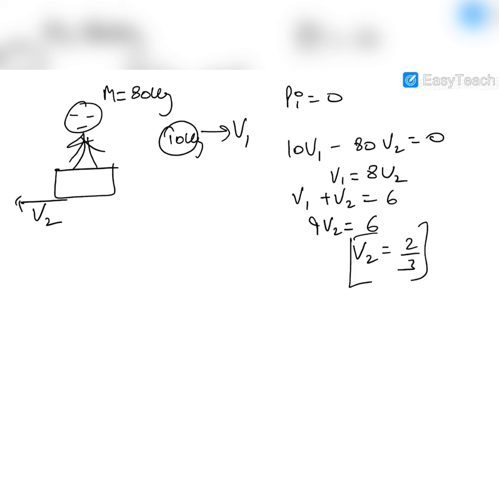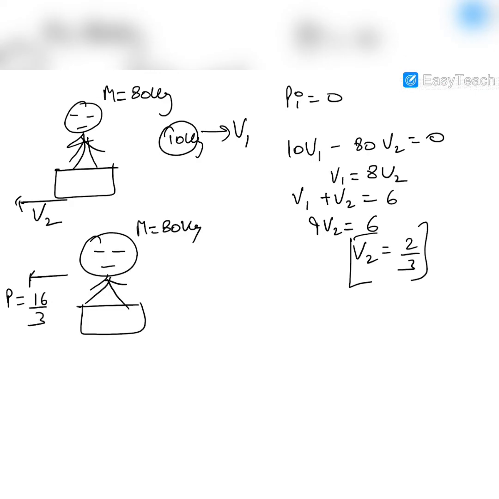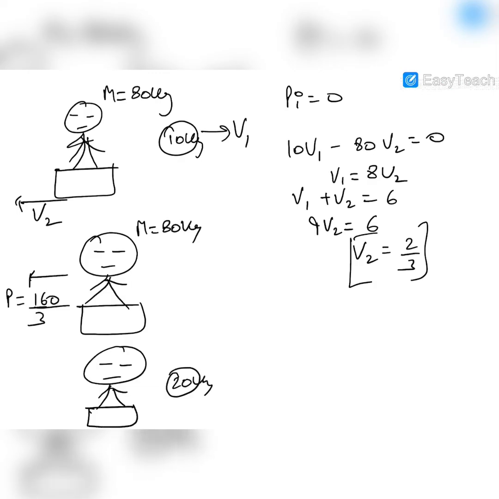Now this v2 is the velocity of this system going in the backward direction, so the momentum of this 80 kg system in the backward direction is P equals 80 into 2 by 3, which is 160 by 3. This is the momentum of the system at this stage. Now the boy again throws a ball of 20 kg from this system in the forward direction with velocity, let's suppose, v1.